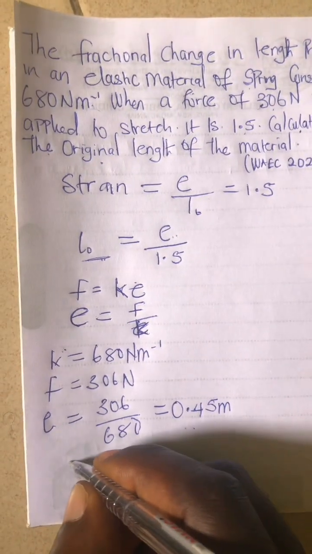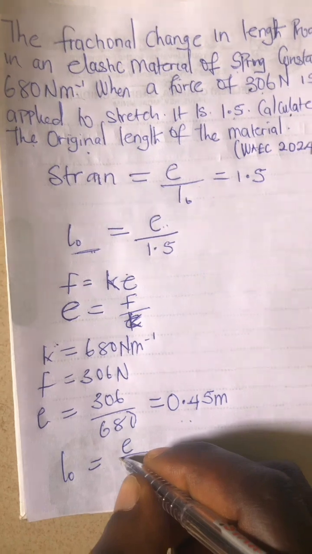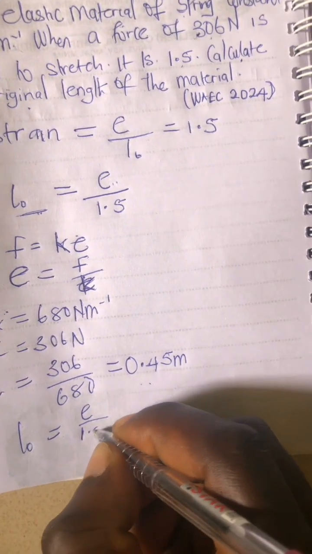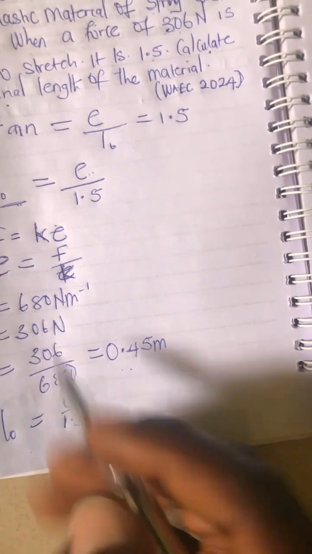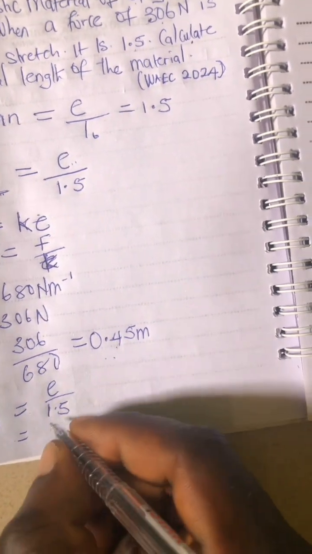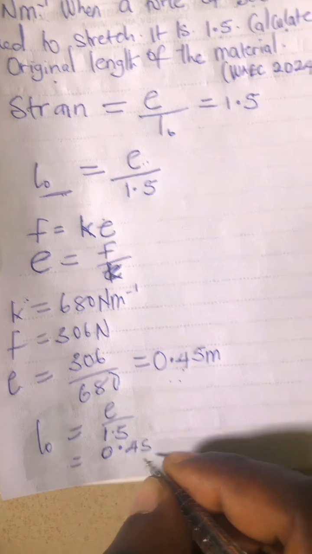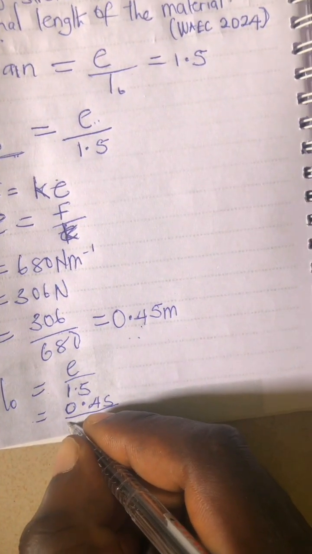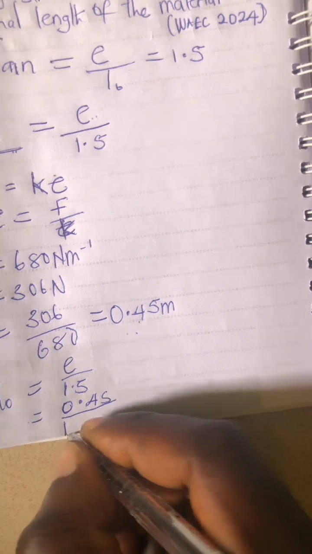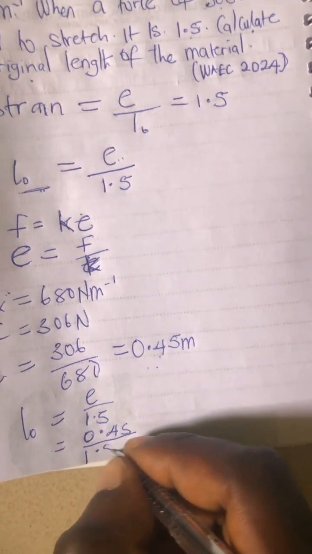So the original length will be equal to E all over the strain, 1.5. If we put everything in, we have 0.45 divided by 1.5.